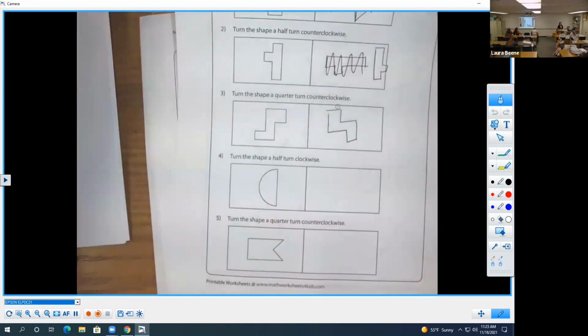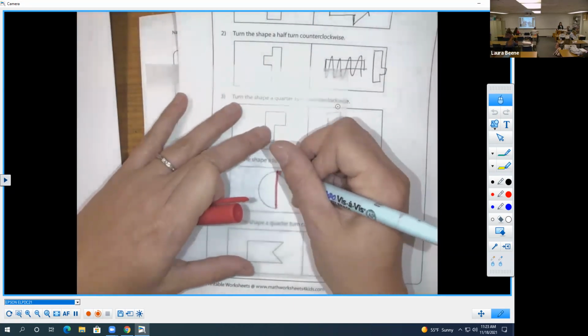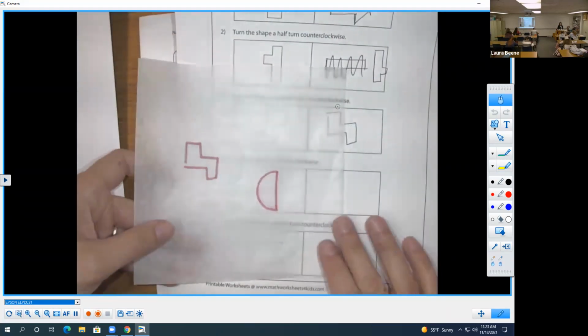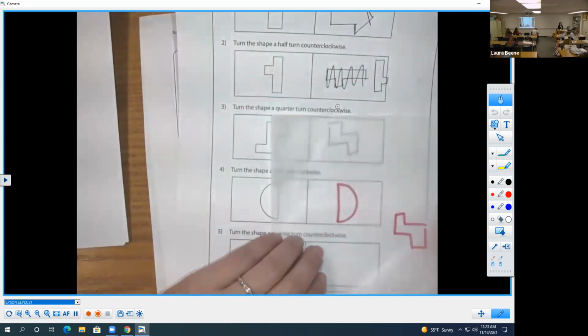Okay, this half circle, if I want to turn that semicircle a half turn clockwise, that's a quarter of a turn, that's a half turn. So it needs to look like that.